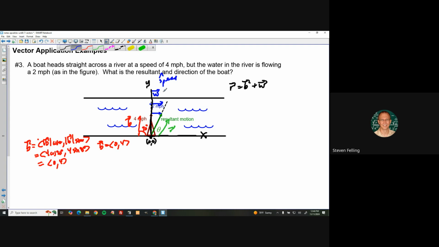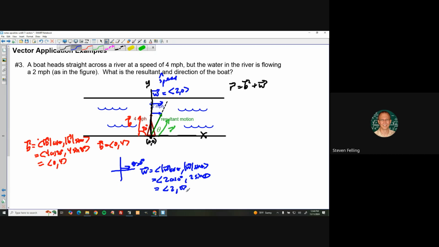Let's do the same thing for the water vector. I can see by inspection that this 2 miles per hour is completely in the x direction, right? But I could also have defined that the angle for that vector, since it's pointing in this direction, is 0 degrees, and said that the water vector is the magnitude of the water vector times the cosine of its angle for the x, the magnitude of the water vector times the sine of the angle for its y, and said, oh, that's 2 times the cosine of 0 degrees, 2 times the sine of 0 degrees, to get 2 times 1, 2 times 0.